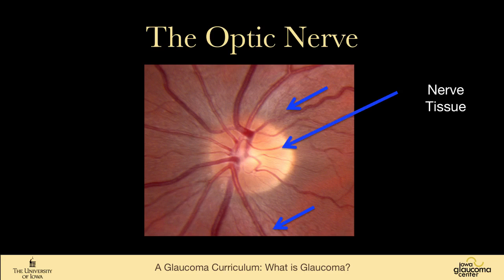That makes up the neural tissue around the edge of the optic nerve, the pink tissue in this picture. And then in most optic nerves, there is a cup, a part of the optic nerve that does not have nerve tissue. The cup is quite variable in size because the nerves themselves are quite variable in size.